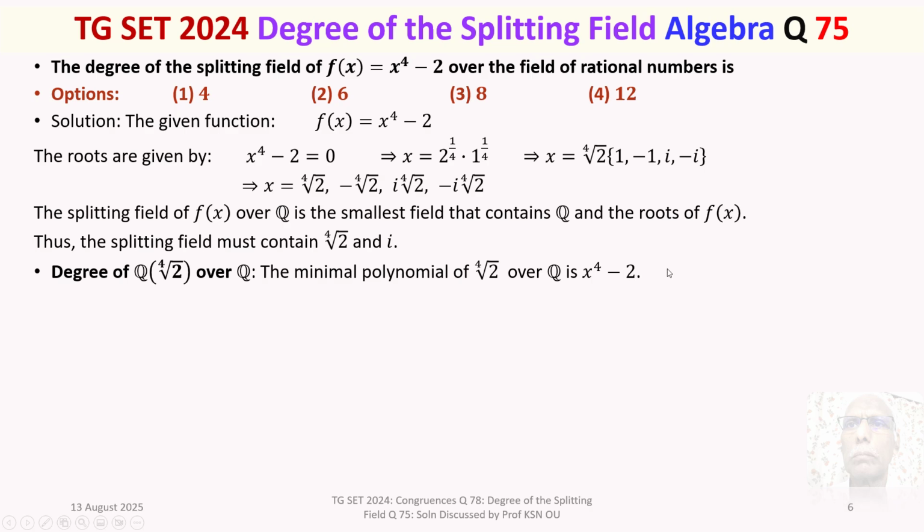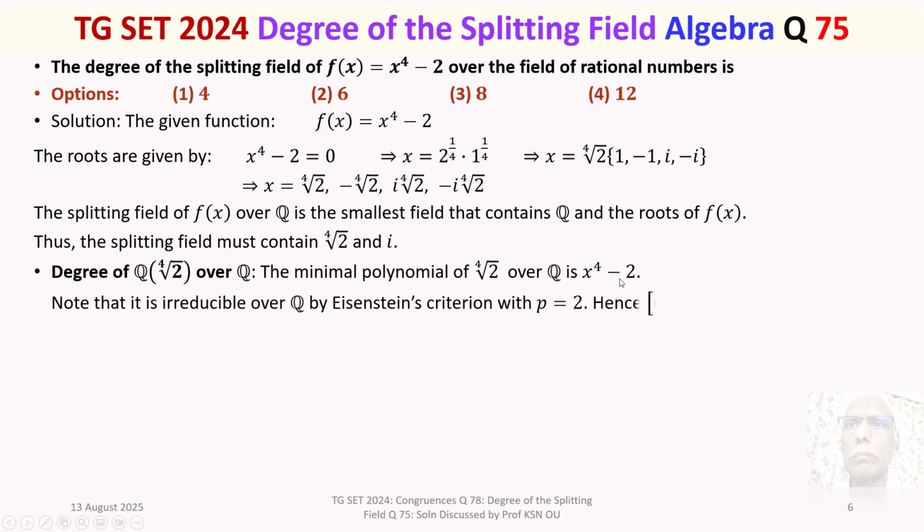Now, is it irreducible over Q? Yes, it is irreducible over Q. We have done the same problem quite a number of times using Eisenstein's criterion, in which you take p equal to 2. I am leaving this to you as homework. That is, x to the power of 4 minus 2 is irreducible over Q by Eisenstein's criterion with p equal to 2.